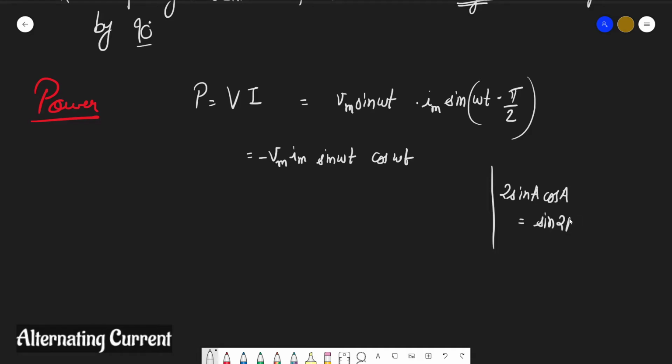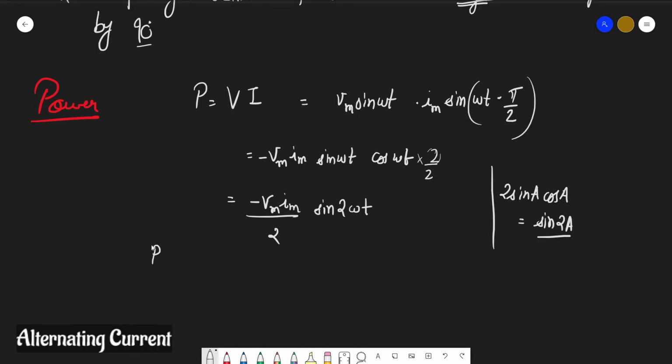This is the identity. So in order to use that, we will be multiplying the numerator and denominator by 2. 2 will be multiplied in the numerator, 2 will be multiplied in the denominator. So this 2 will be consumed in this identity. So we will be left with minus Vm Im upon 2, and in multiplication it now becomes sine 2 omega t.